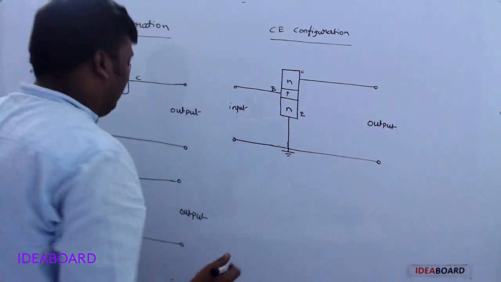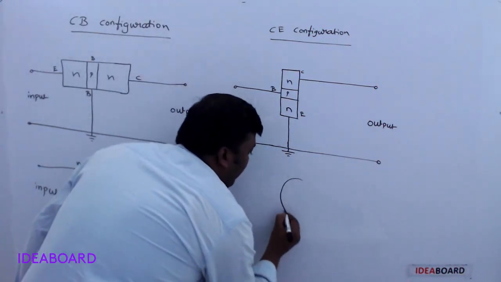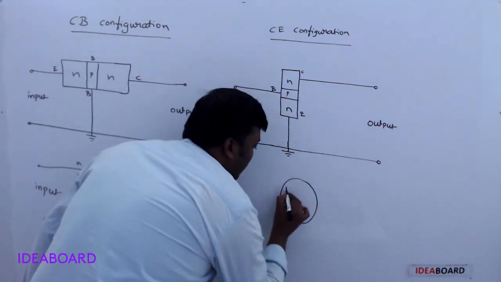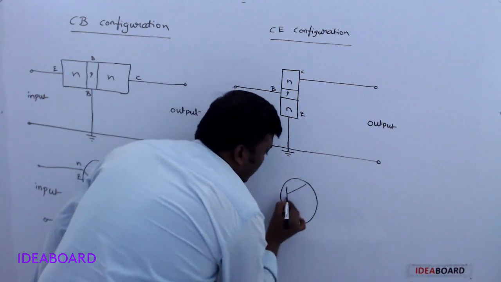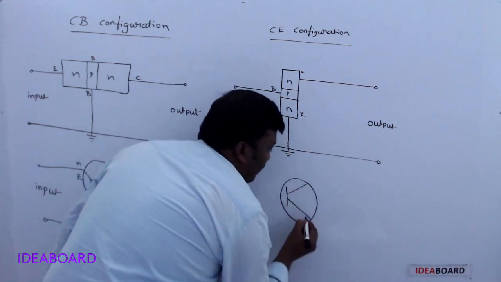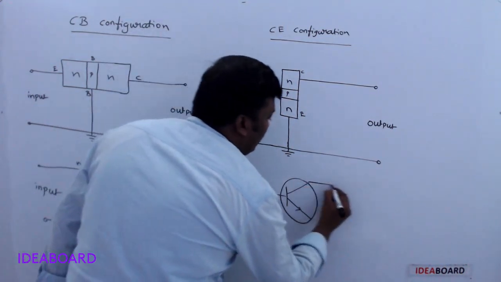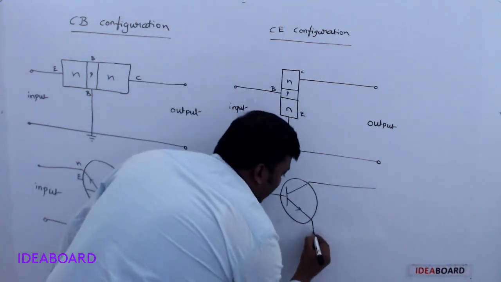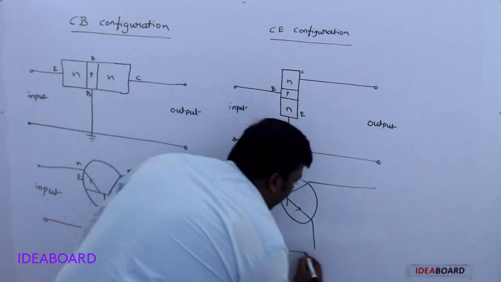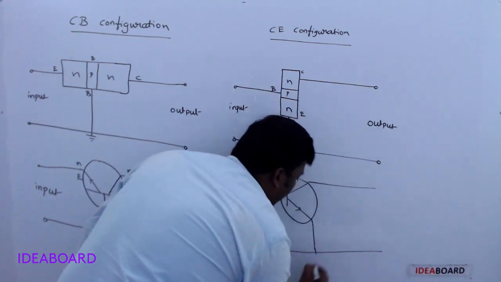Understand? In circuit symbol, this is NPN transistor. Emitter is common for both input and output.